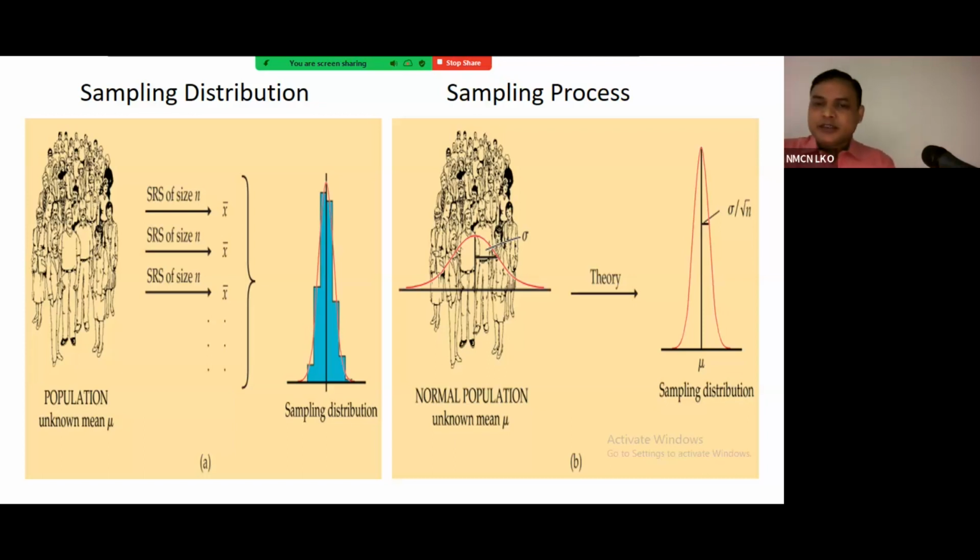The theory suggests that the mean of this sampling distribution is equal to the population mean, with standard error sigma by root n.